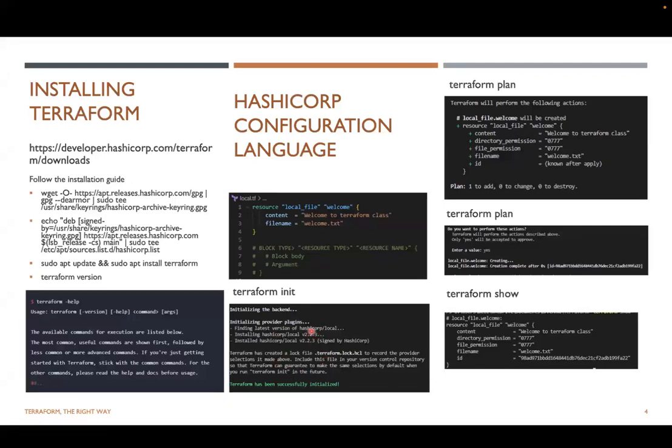I'm going to explain more information about locking in Terraform in my next slide. But for now, I want you to know that when you run a Terraform init, it does 3 things: initializes your backend, initializes your provider plugins, and creates your Terraform lock file.